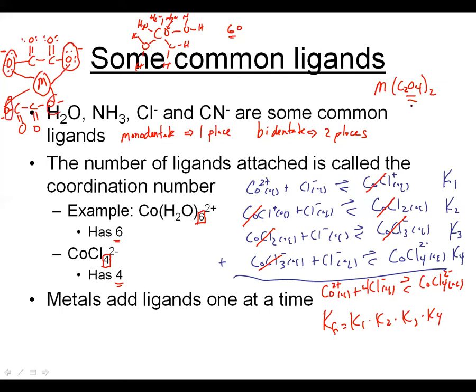So it actually would have a coordination number of 4. So we'll get more into that. It's not always going to be equal to this number here, as we'll see in a later chapter, but it will be if it's monodentate. But that's going to be covered a little bit later. Just to give you a heads up, it's not always this number on the bottom for the coordination number. All right.